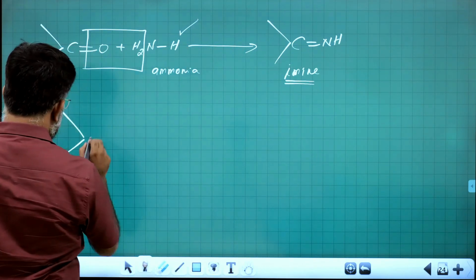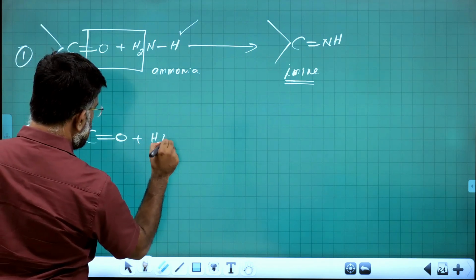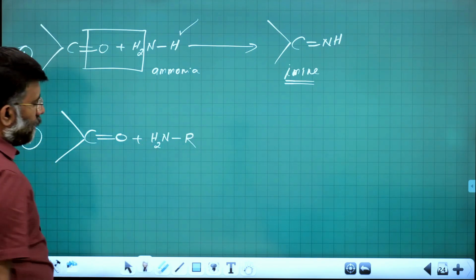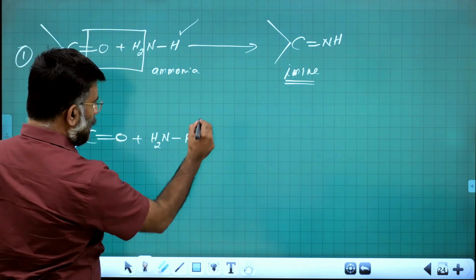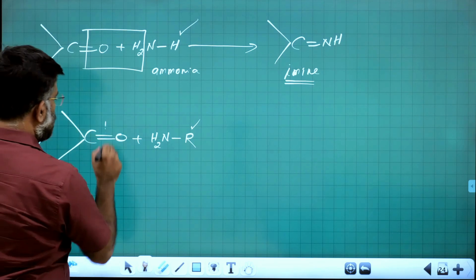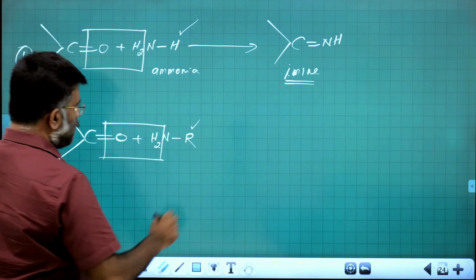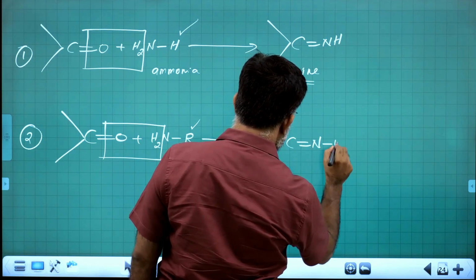Number 2, reaction with amine, carbonyl compounds interacting with amine. What is in the place of Z? It is an alkyl group. Now a water molecule goes out, and look at the result: C double bond NR.